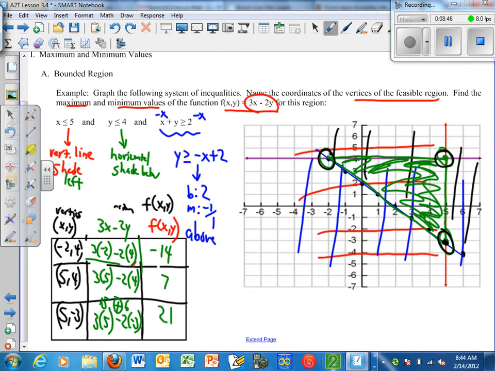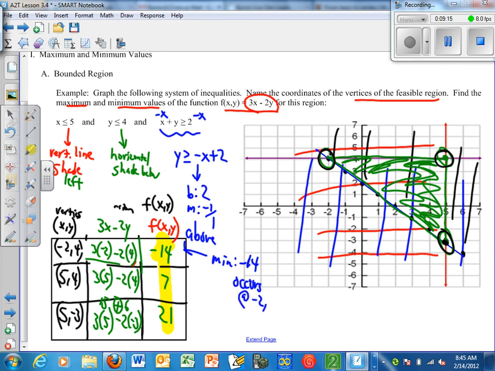So what you want to do is look at these 3 right here. Which one is the biggest? Which one is the smallest? So here's the smallest. So your minimum is -14. And I like to put down the point where it occurs. It occurs at -2, 4.